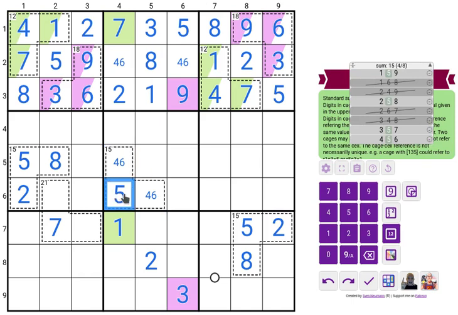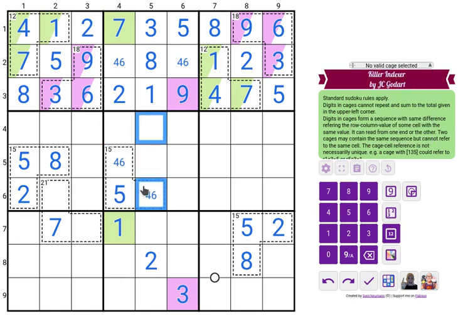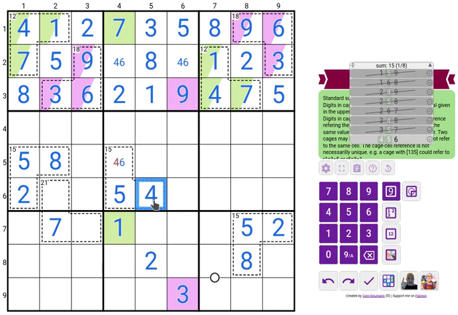It means that in column 5, row 4 or 6, we place a 4 or 6. It can't be there, so we can't place a 6 there in row 4. But we must place a 4 in row 6, and this is a self-reference cell. So this cage says that row 6 column 5 we place a 4, which is itself.